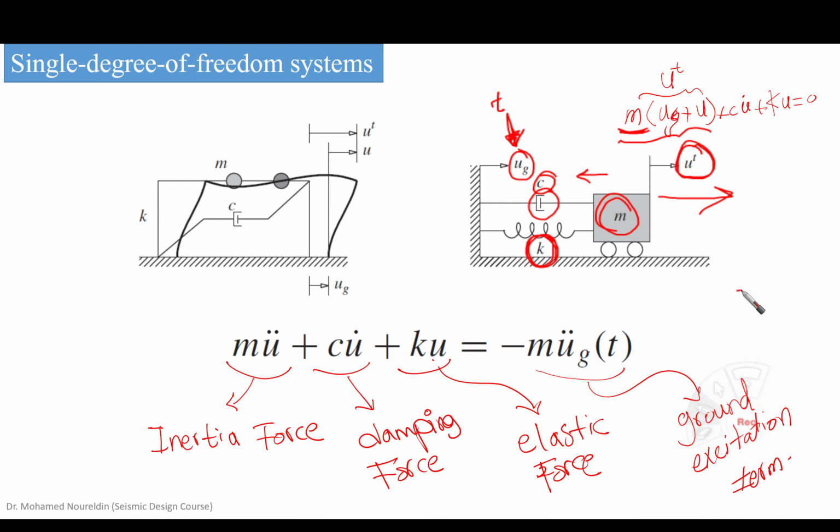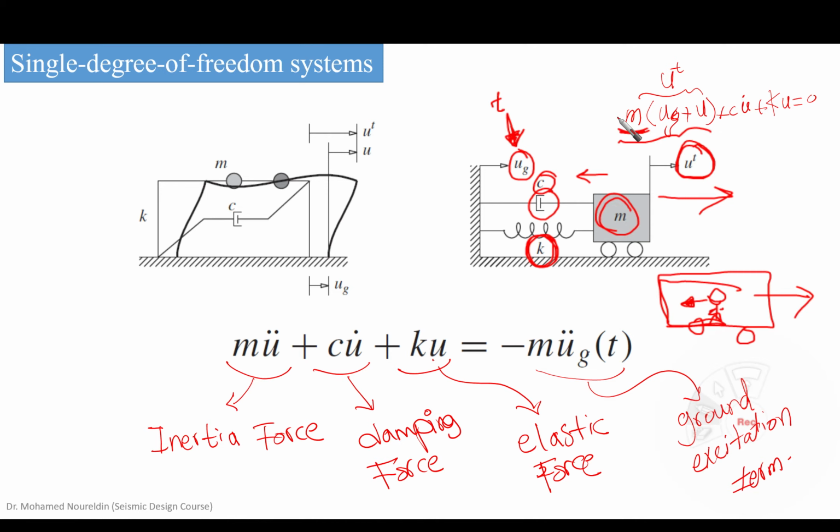Consider that you are in a train or in a bus, and whenever this bus is moving in this direction, you are going to find that your inertia is pushing you back. So this is the direction of motion, but this is the inertia direction.